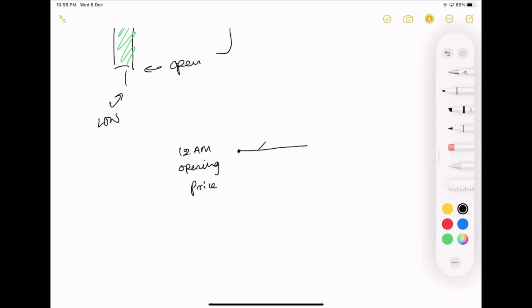You want to see price drop into a PDRA, into a point of interest, whatever you want to call it. And you want to see SMT happen over here through intermarket analysis.